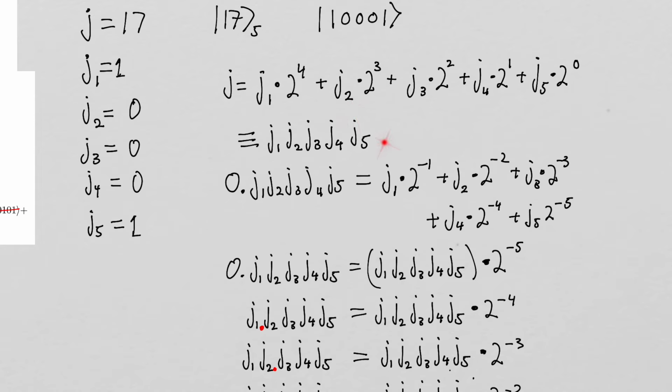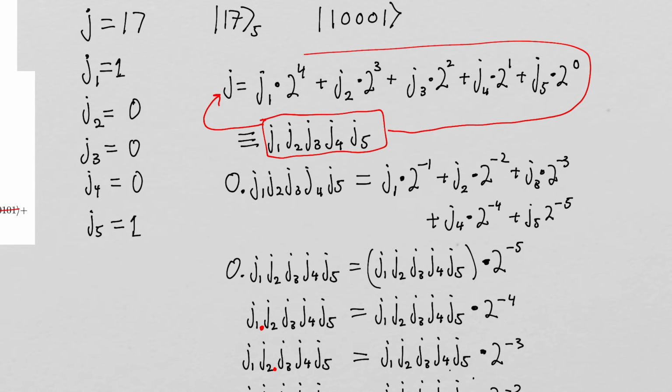But if I string them all out like this, what I mean is this is a representation of the number j in decimal form. So this string of digits is literally this process right here, and in our case it equals 17. So when you see a string of these numbers all lined up together, it's a stand-in for this sum, and it's a stand-in just for the decimal number j.